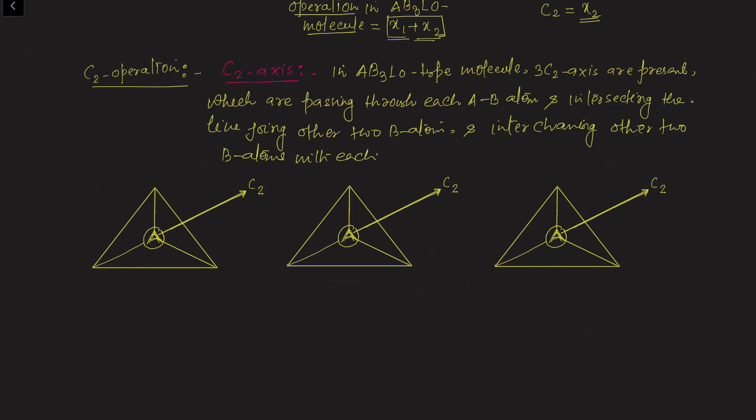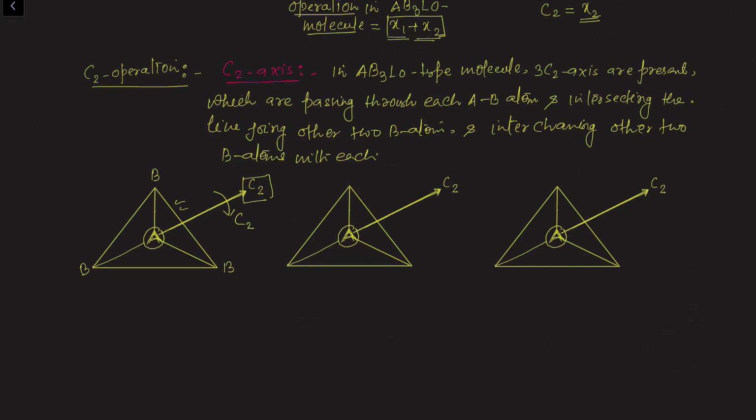See, this is one C2 axis which includes the A and B atom, one of the B atoms, and the rest of the B atoms, bisecting the line joining the B atoms. And on performing the C2 operation about this axis, these B atoms will interchange their positions.